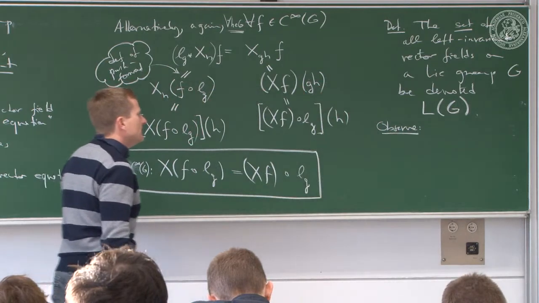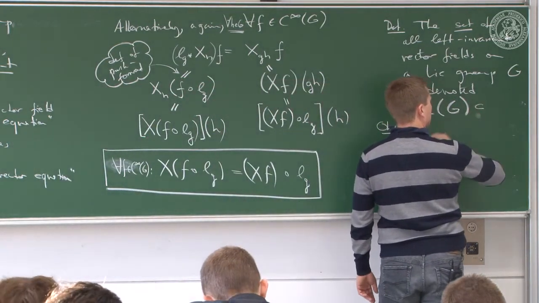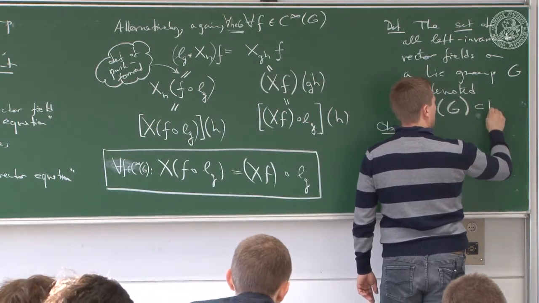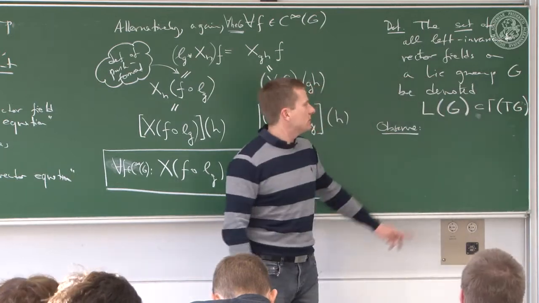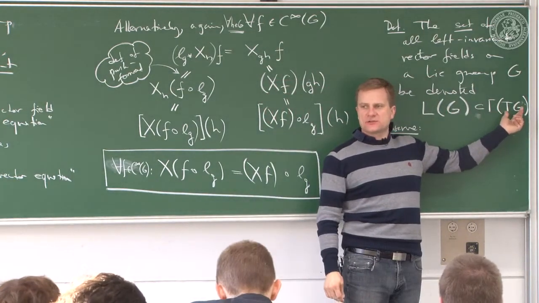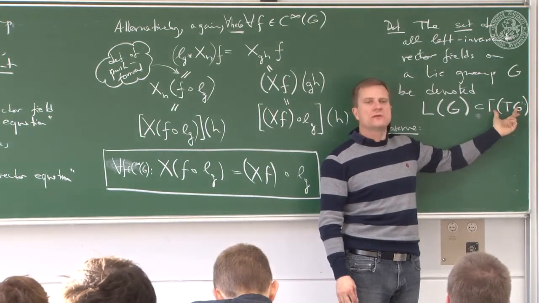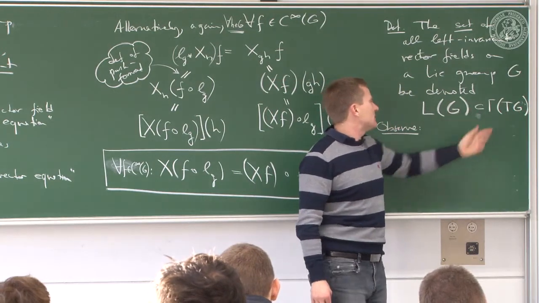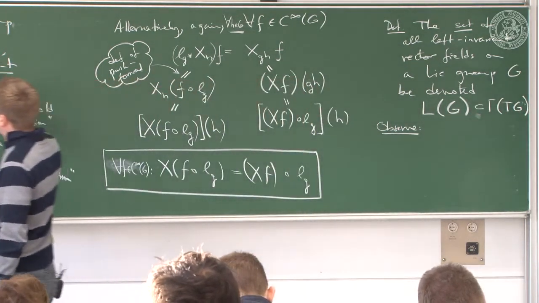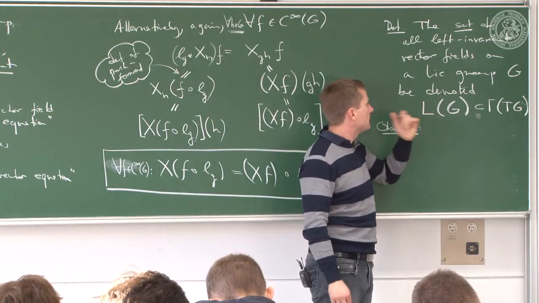that the addition of vector fields, so L(G) is certainly a subset of all the vector fields you can have on your manifolds. So of all sections of the tangent bundle. Remember, the sections of the tangent bundle are all the vector fields, right? It's clearly a subset because it's special vector fields, vector fields with a particular property.